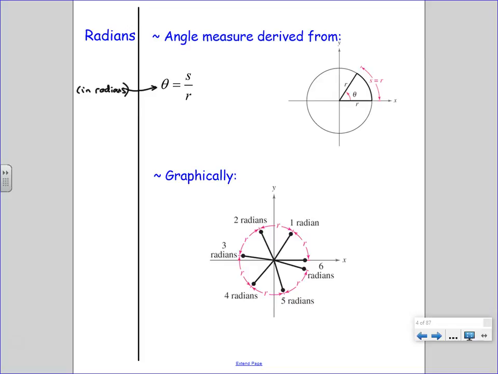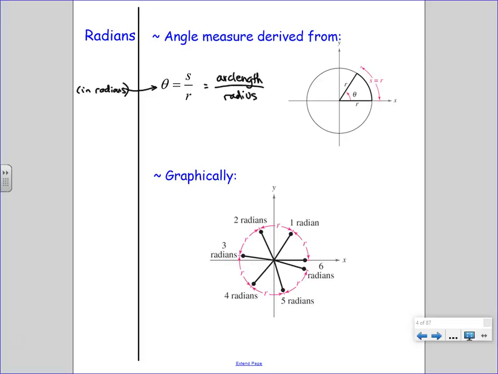Radians deal specifically with whatever size circle you have. An angle in radians is equal to the measure of the arc length over the measure of the radius. It's the ratio of the arc length to the radius.